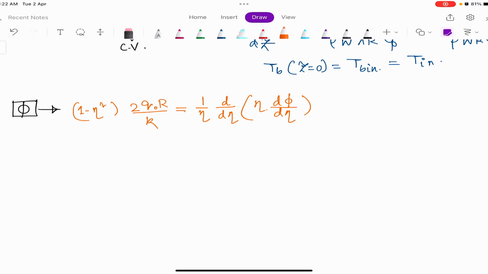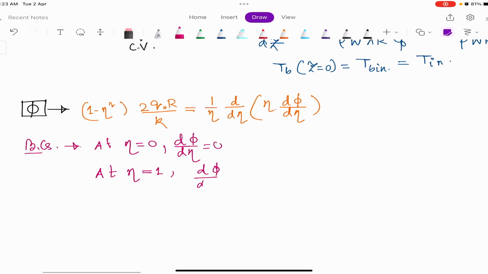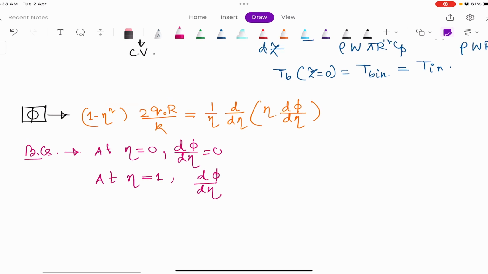Now, this phi is only a function of eta, we know that, and the boundary conditions were what? At eta equal to 0, we have d phi d eta equal to 0, that's the symmetry condition, and at eta equal to 1, that is the wall, we have d phi d eta equal to what? So we have the constant heat flux.